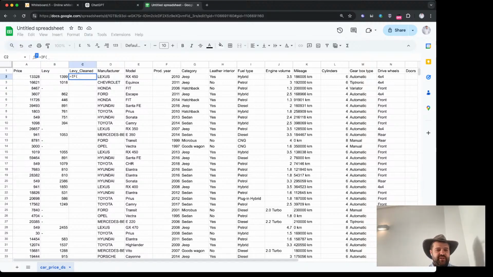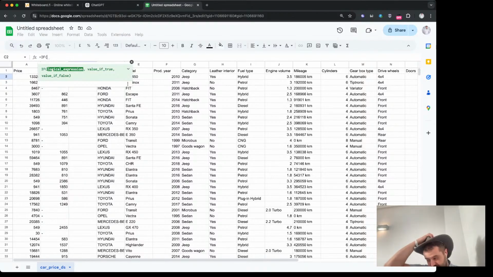So basically, an if statement, and hopefully I will write it correctly myself, because I usually do programming. I don't do if statements in Excel every day. It says the logical expression first, and then the answer if true and the answer if false.